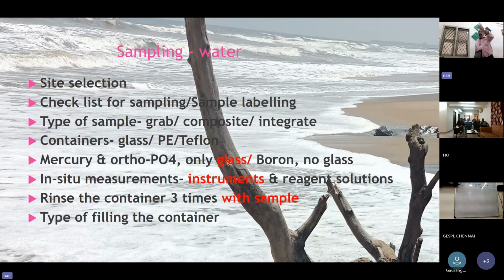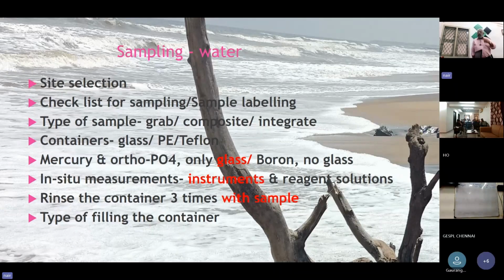When you prepare the checklist for sampling and sample labeling, all these things should be there in your mind. Otherwise, you will not be carrying sufficient materials to help in analysis and in selecting samples. So you have to think of the type of sample you have to collect: grab, composite, or integrated.